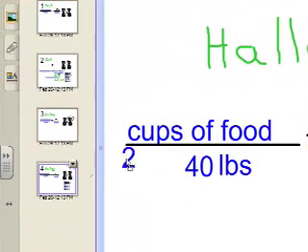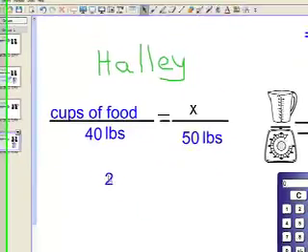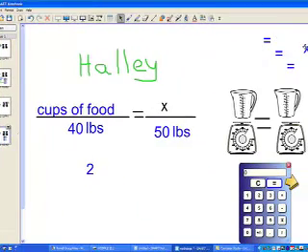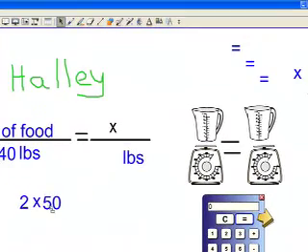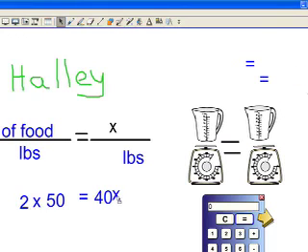So we're going to take our 2, and we're going to multiply that times 50. That's going to be equal to 40 times x.